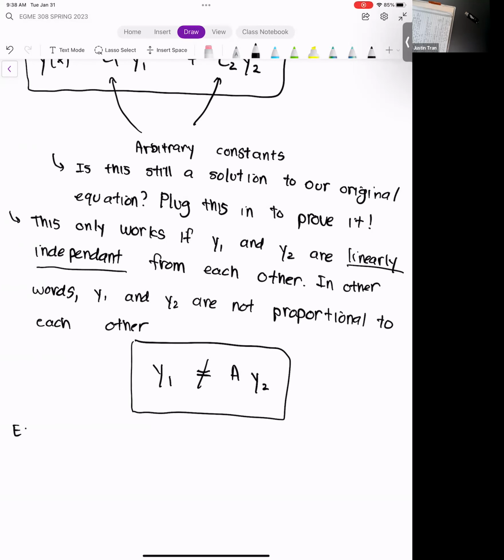So for example, let's say that we had y1 equal to 4x, and y2 is equal to 1,337x. These two functions, y1 and y2, are not linearly independent.